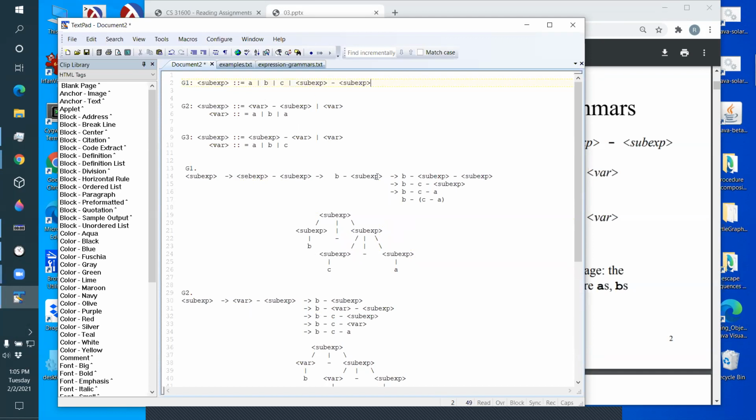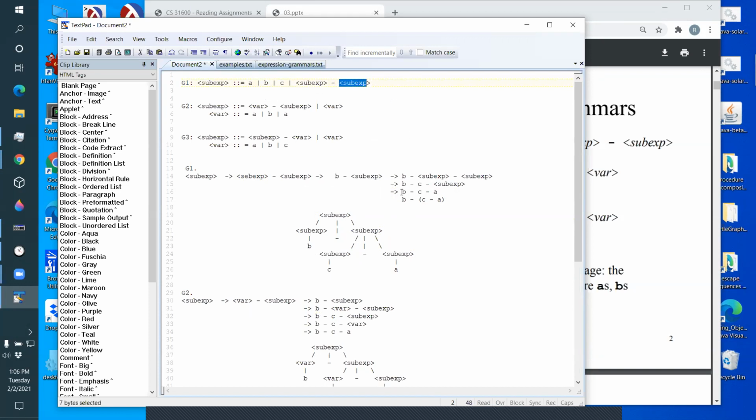With this grammar, we could actually take this string and give it more than one parse. So with this grammar, I could have given the same expression multiple parses, and I could have grouped it on the left or grouped it on the right. See, now the way you read it, it says that a sub-expression is a subtraction of two sub-expressions.